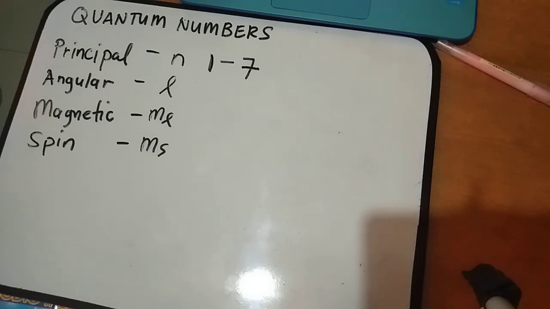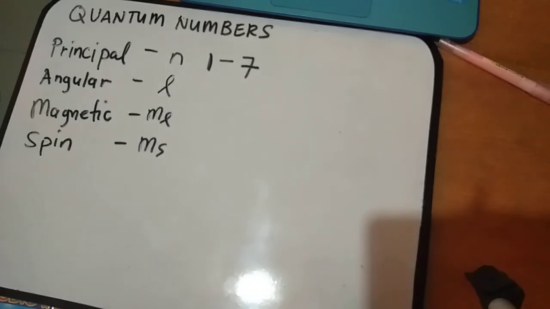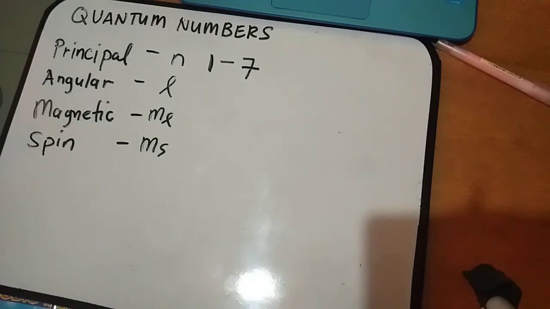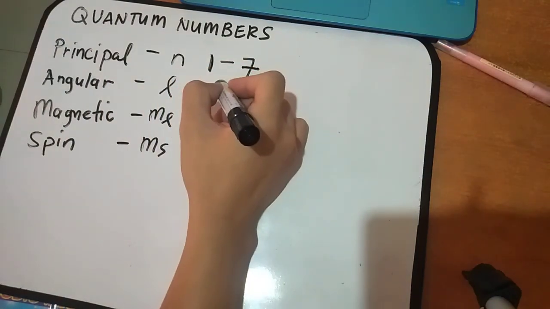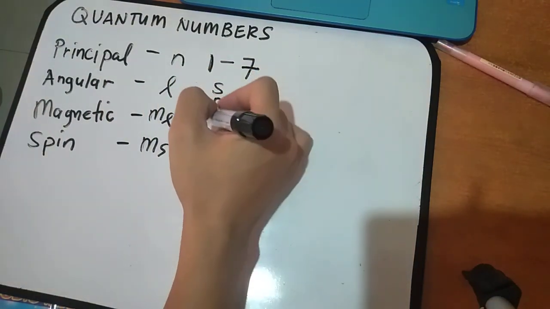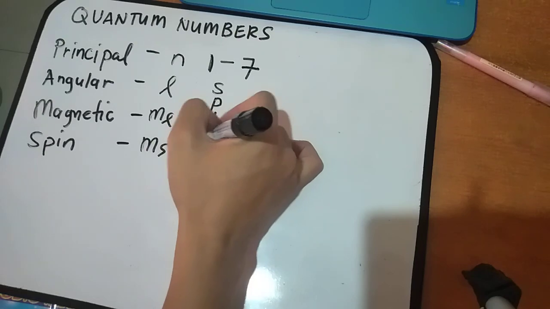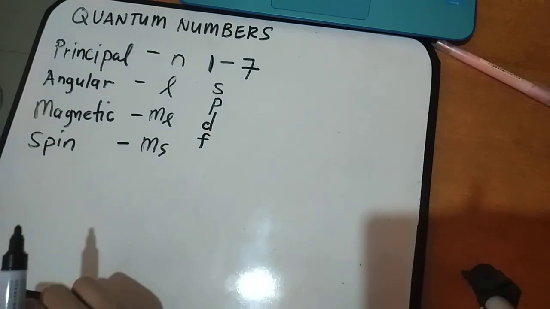Ano naman yung angular quantum numbers? Your angular quantum number would simply describe the shape of the orbitals. So kung ano yung shape niya. Usually, you have the S, the P, the D, and the F. Okay?